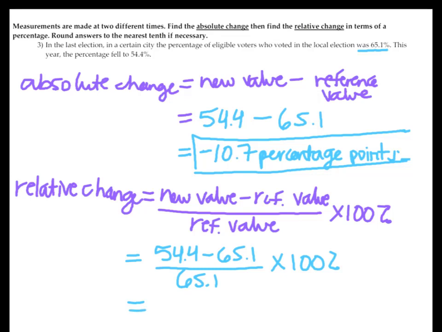And we get a relative change of negative 16.4%. Okay, so the relative change is the size of absolute change in comparison to the reference value. Okay, and this problem is very similar to Unit 3A.